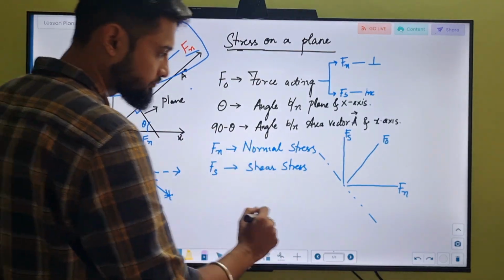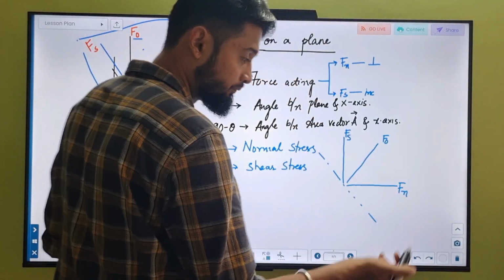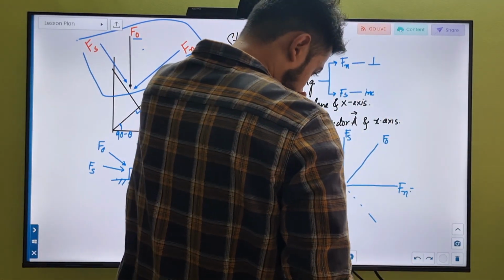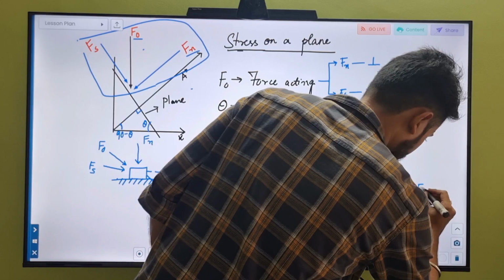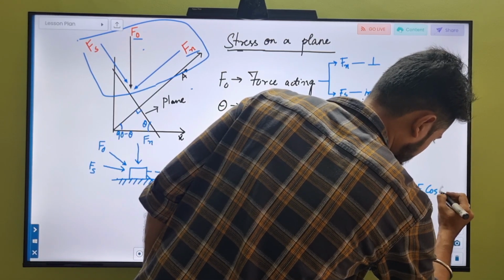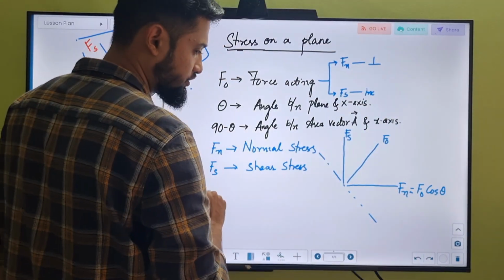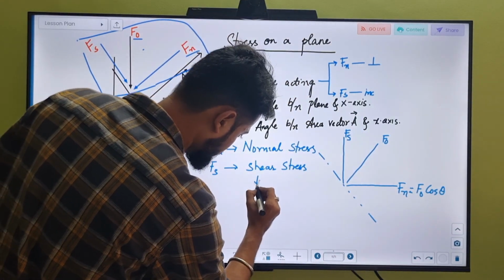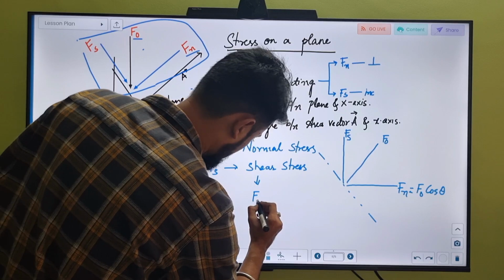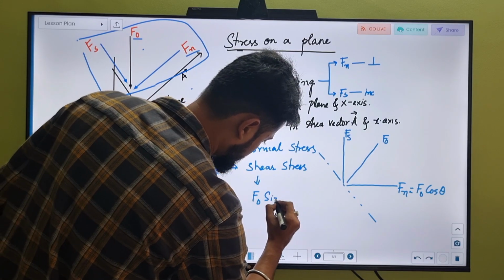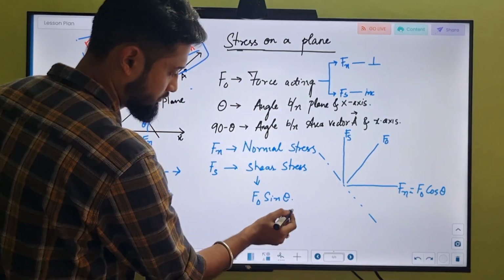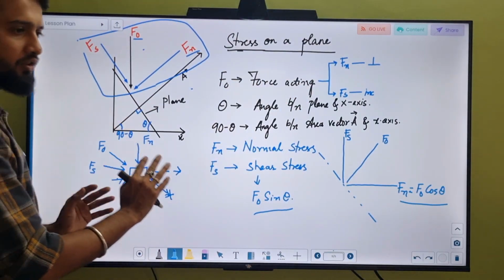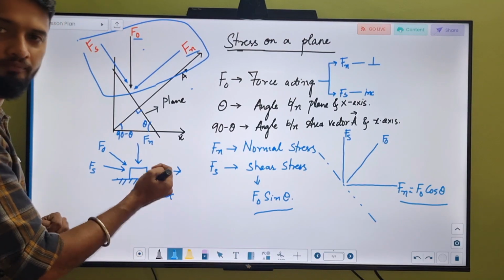Fn, that is the normal stress, is given by the formula F naught cos theta. Then the shear stress is given by F naught sine theta. I hope stress on a plane is clear.